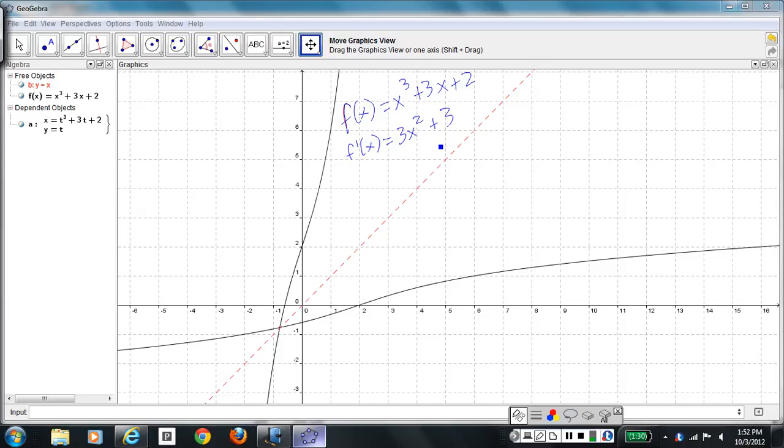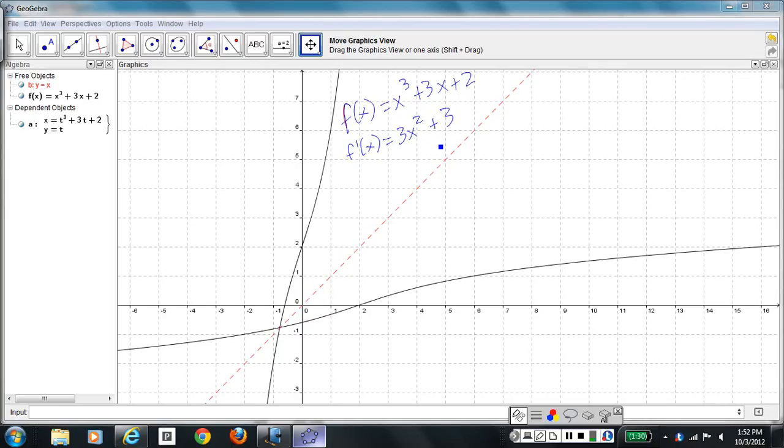Now, we don't officially show this until we talk about the mean value theorem a few sections down the way, but if a function has a derivative and that derivative is always positive, I think we can even relax that a little bit, but let's say it's always positive.